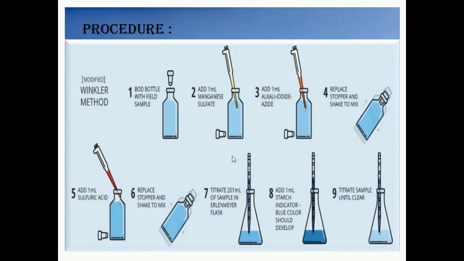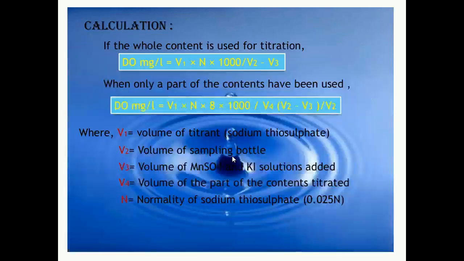Before adding the starch indicator we observe a pale yellow color. Then add 1 ml of starch indicator, and a blue color should develop. Then titrate the sample until the solution becomes colorless.